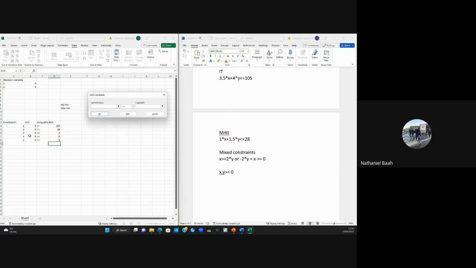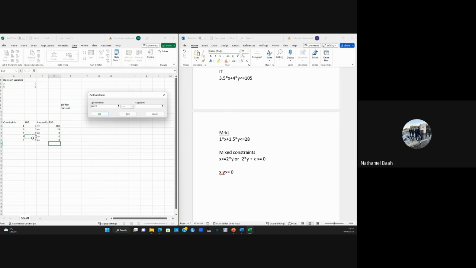Okay. So three, my cell reference will be my left hand side. I click on it. Now the sign here is greater than or equal to, so I choose on the arrow pointing down. I click on it, choose greater than or equal to. Then it is equal to 0. The constraint add. Wait, my non-negativity, that's number 4.